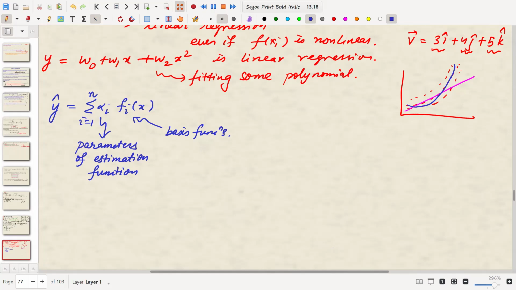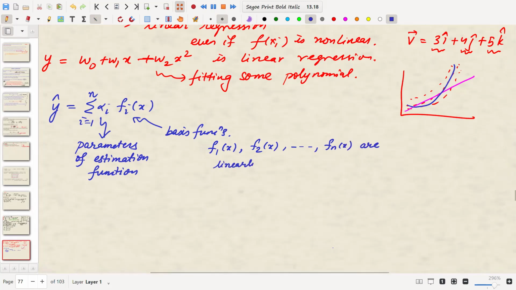The f(xi) are basis functions. What does it mean? It means f1(x), f2(x), and so on up to fn(x) are linearly independent from each other.